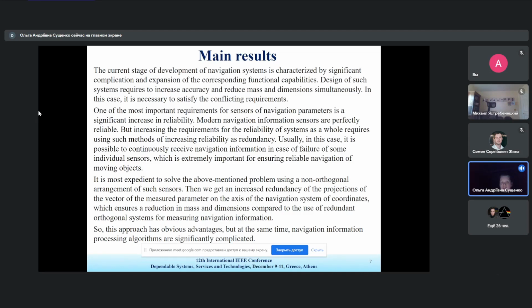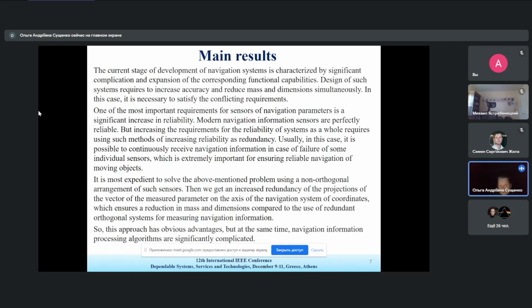The current stage of development of navigation systems is characterized by significant complication and expansion of the corresponding functional capabilities. Design of such systems requires increasing accuracy and reducing mass and dimensions simultaneously. In this case, it is necessary to satisfy conflicting requirements.